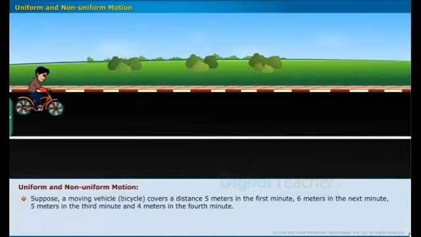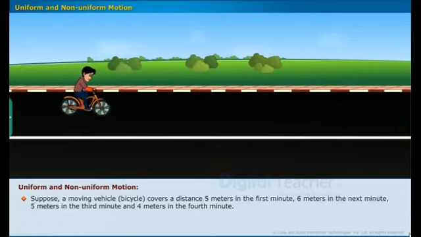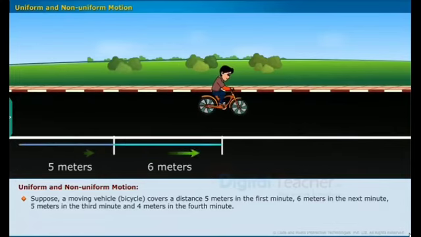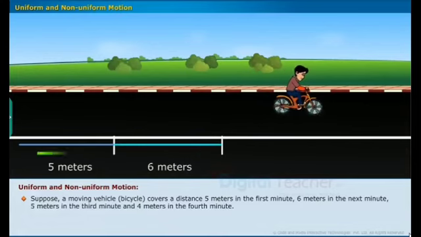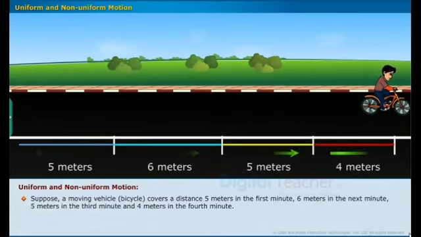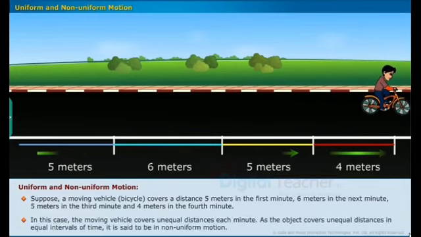Suppose a moving vehicle or bicycle covers a distance of 5 meters in the first minute, 6 meters in the next minute, 5 meters in the third minute, and 4 meters in the fourth minute. In this case, the moving vehicle covers unequal distances each minute.